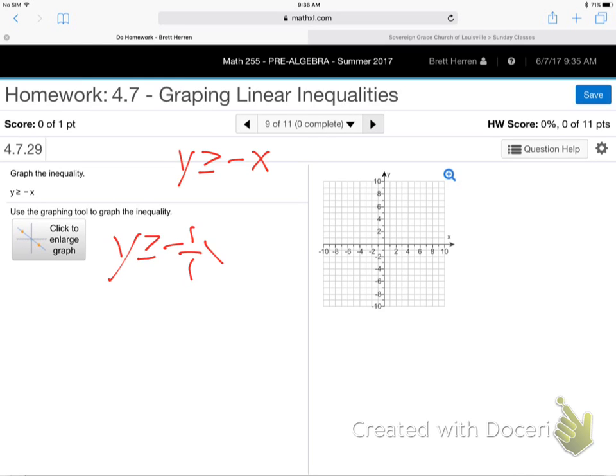So 1 over 1 and add 0, right? Because 1 over 1 is just 1. 1 times x is just x, and adding 0 doesn't do anything either.